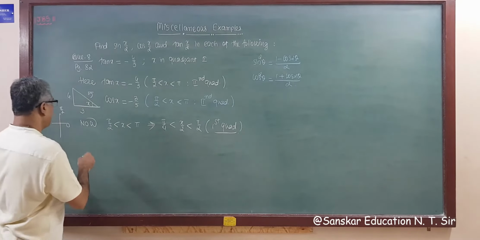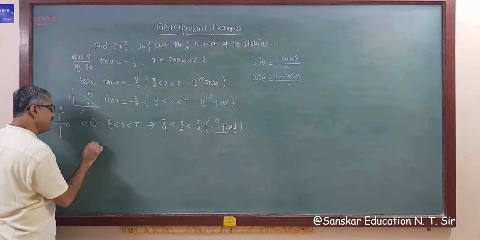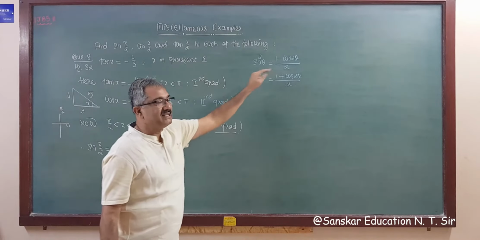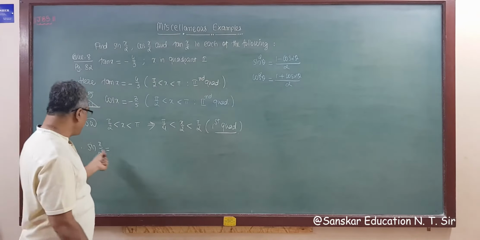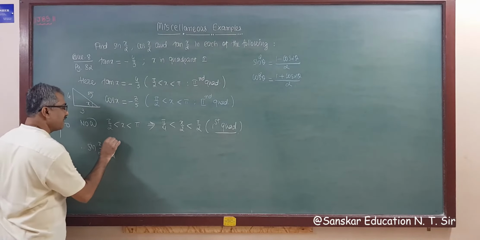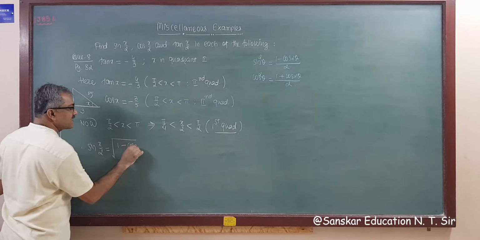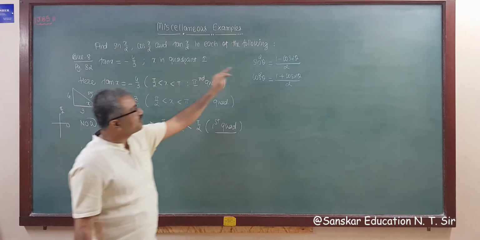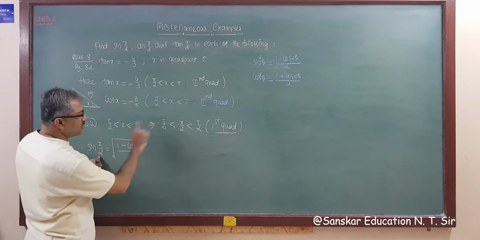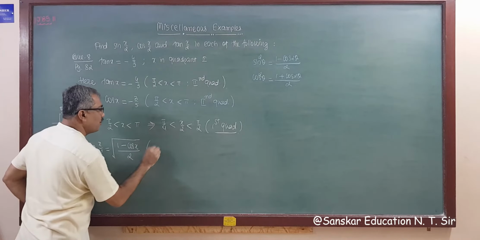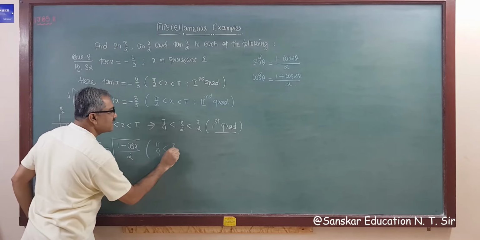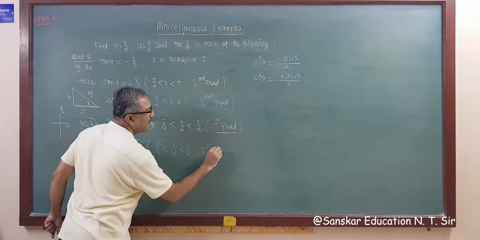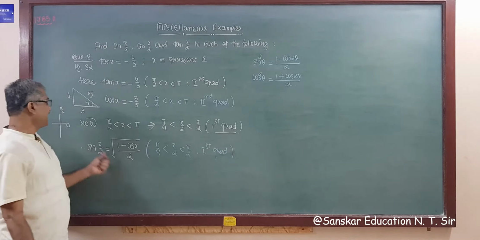Therefore sin x by 2 is equal to the positive square root of 1 minus cos x divided by 2. Why positive square root? Because x by 2 lies in the first quadrant: pi by 4 less than x by 2 less than pi by 2, and in the first quadrant sine is positive.